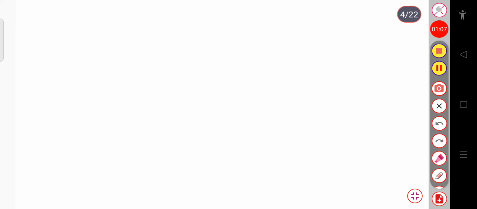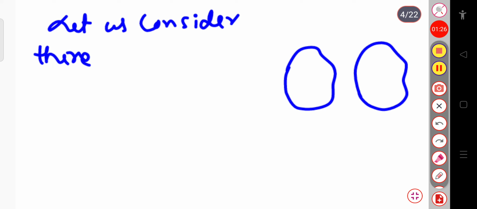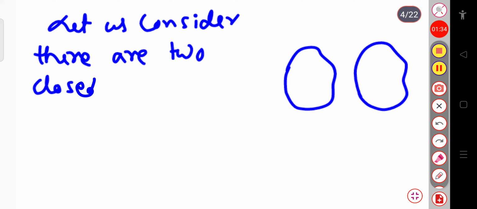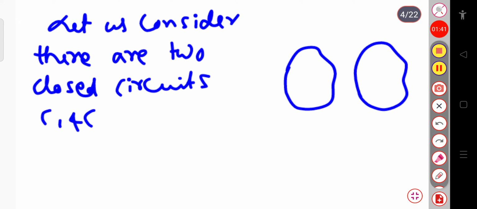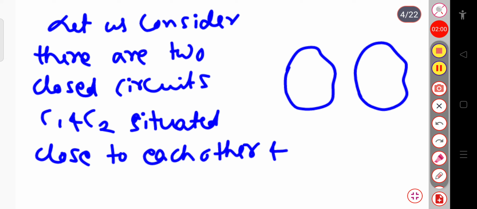Now let us consider two closed circuits, C1 and C2, situated close to each other and carrying current.